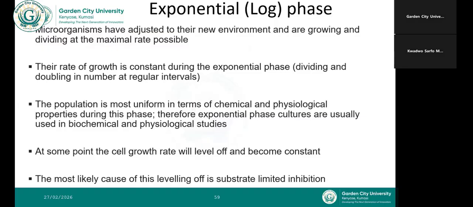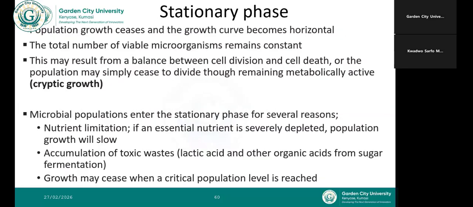So this is where you have rapid growth and the organisms will continue to use the nutrients until it gets to the stationary phase where there is cryptic growth. So here, there's a balance between those that are multiplying, dividing actively, and those that are dying.